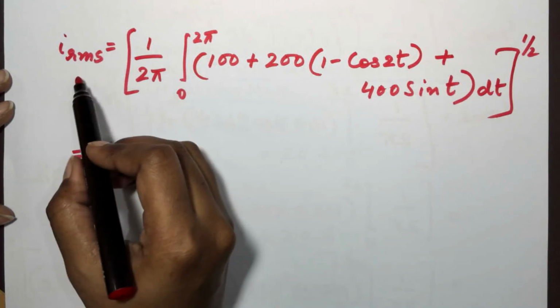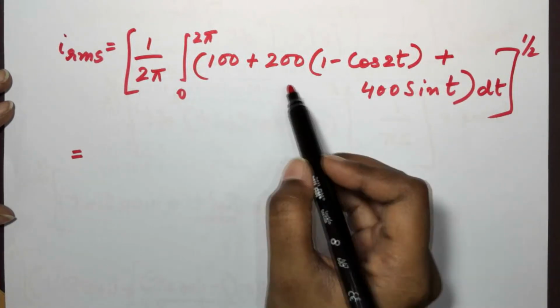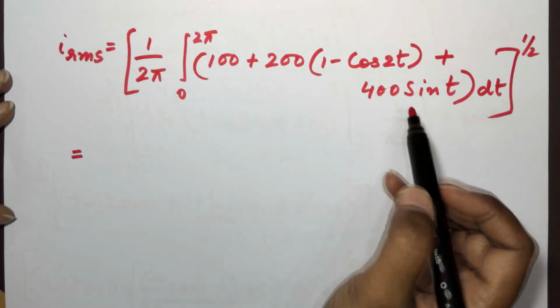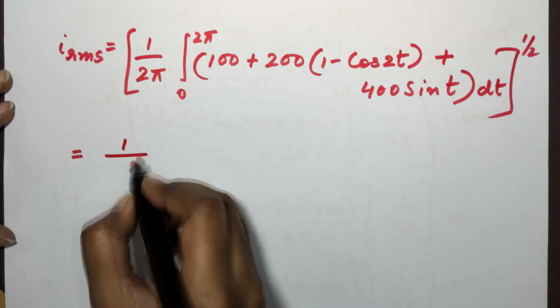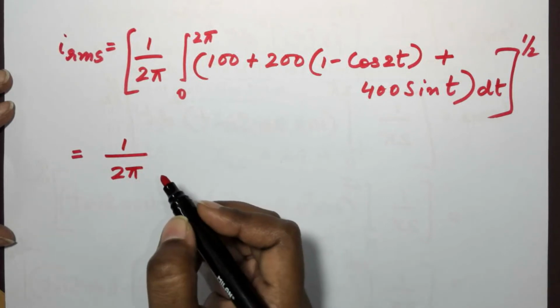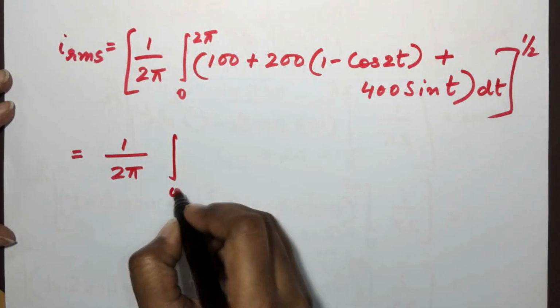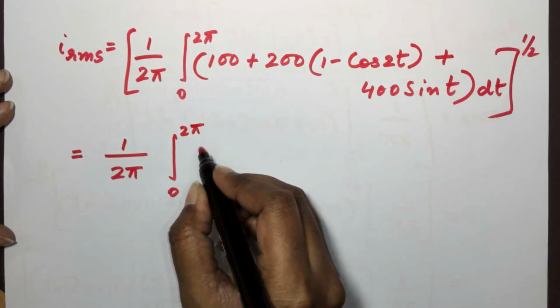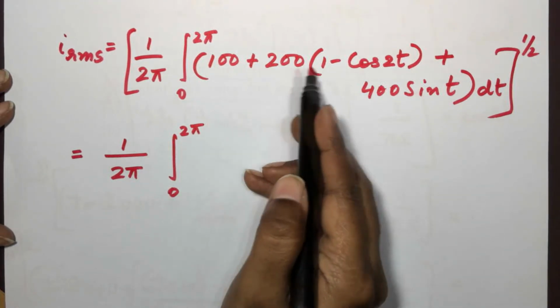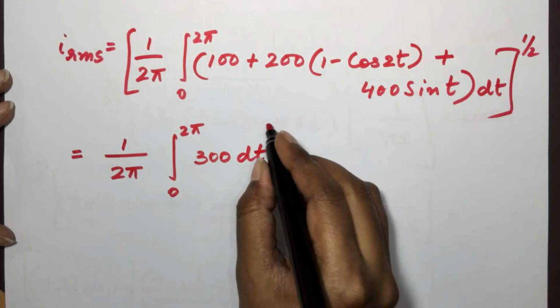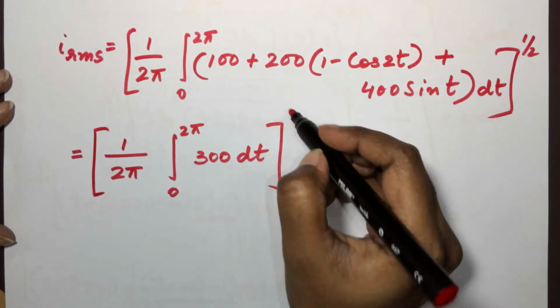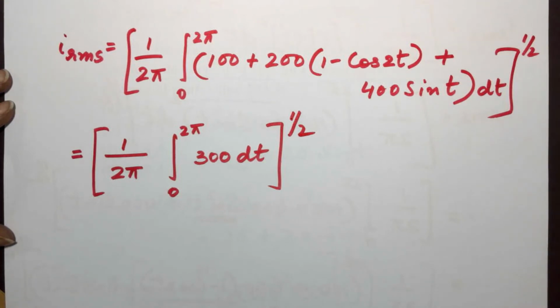Now because we are looking for the RMS value, we will have to take the peak value of the entire expression. So we are now going to consider this as 1 divided by 2 pi, integral of 0 to 2 pi, 100 plus 200 is 300 dt, to the power 1 by 2.